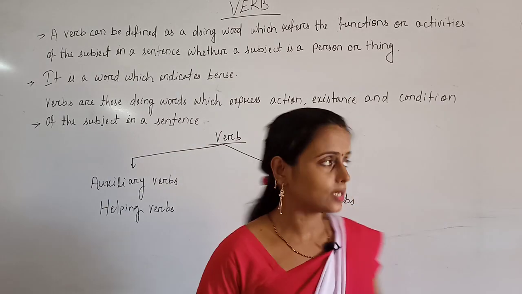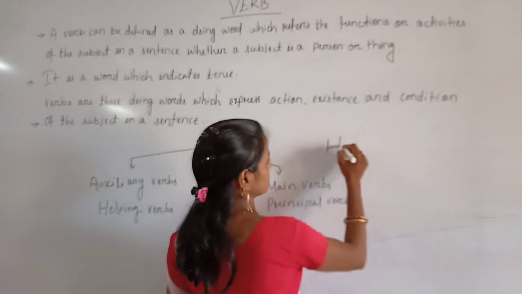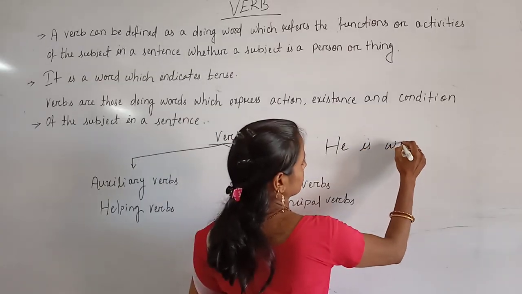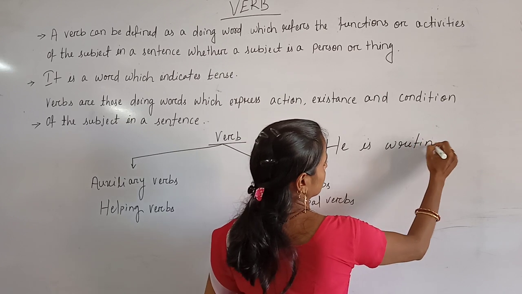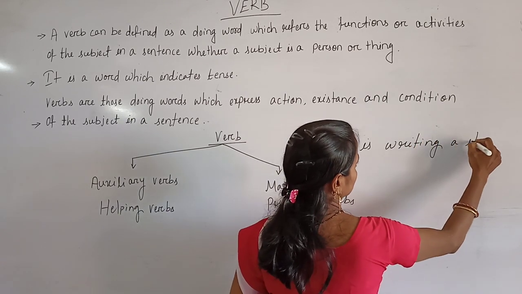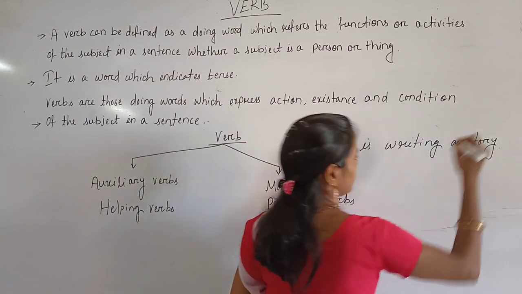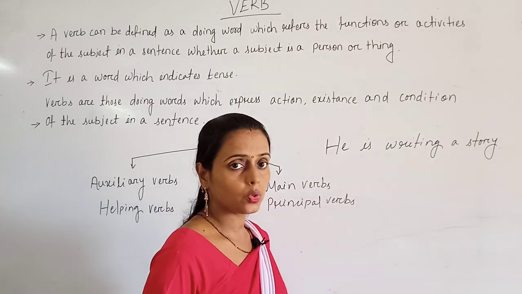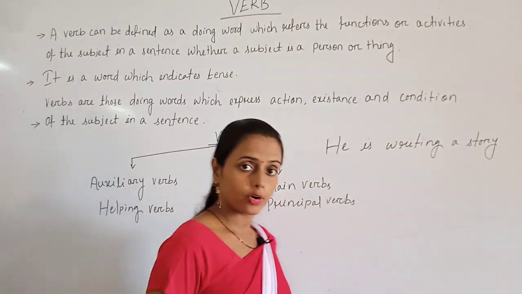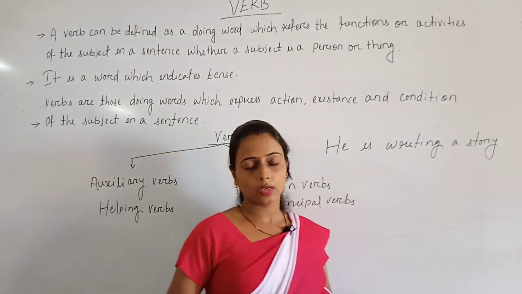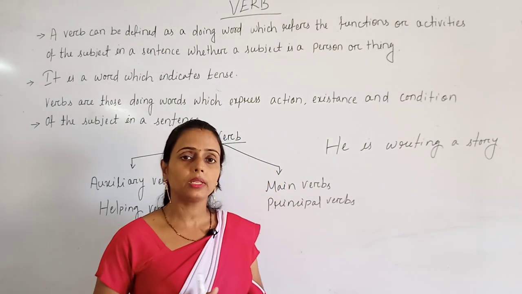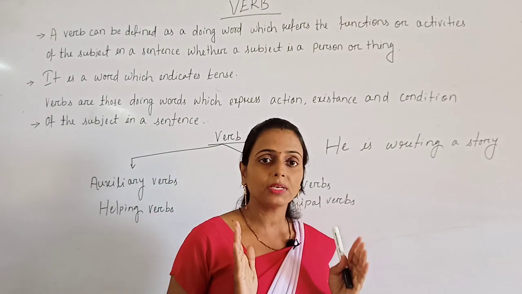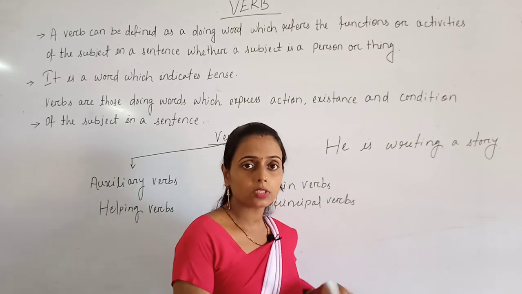I am writing down one sentence: He is writing a story. Here the verb is there, and the subject is also there, because the minimum requirement to form a sentence is subject plus verb.